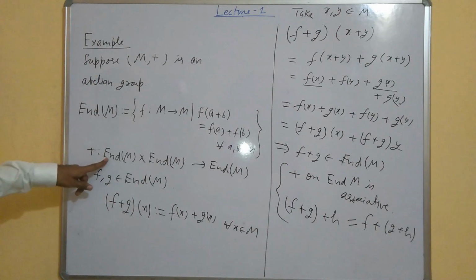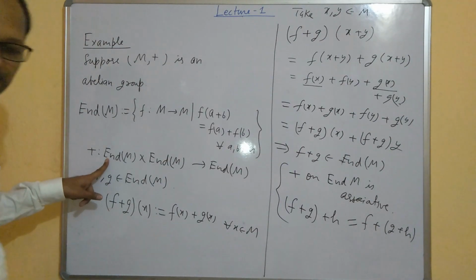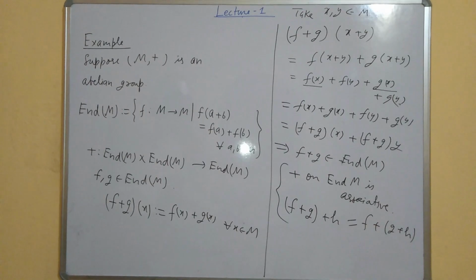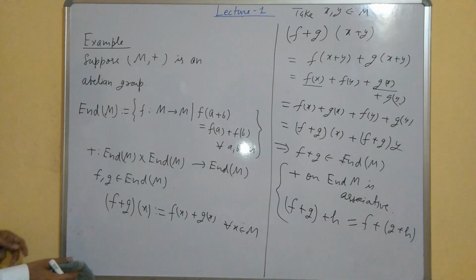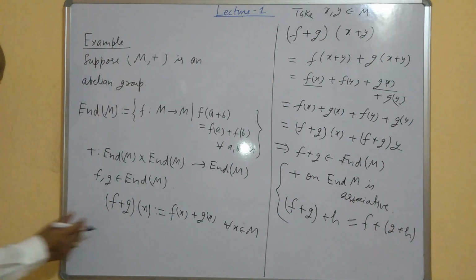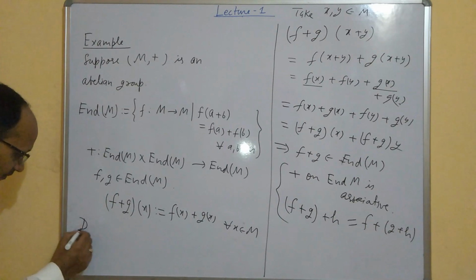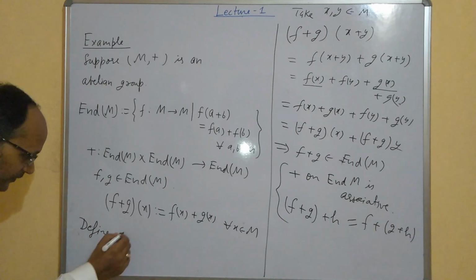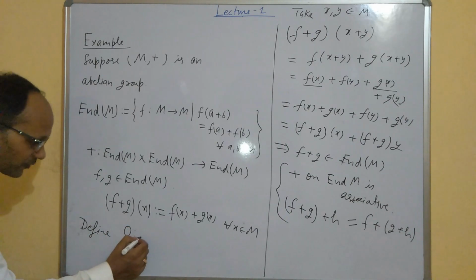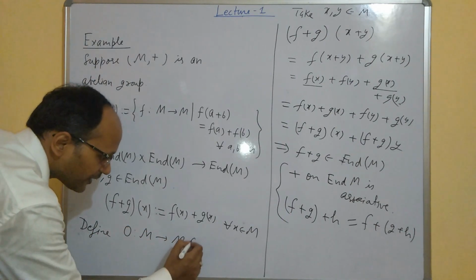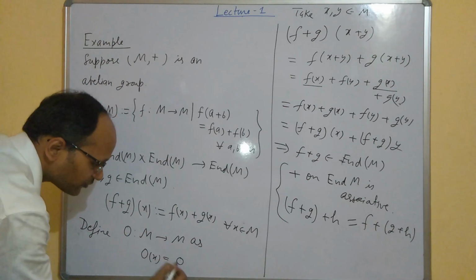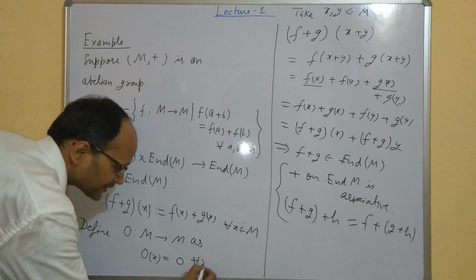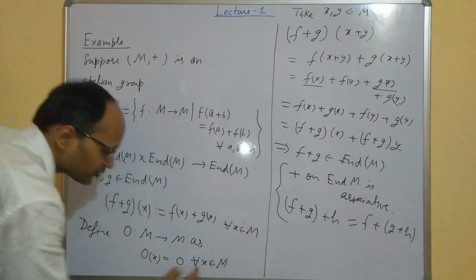Now there is a zero homomorphism. We can define a homomorphism that is called the zero homomorphism. How will you define it? Let me show you. Define a map 0 from M to M as 0(x) = 0 for all x in M. So what is this 0?